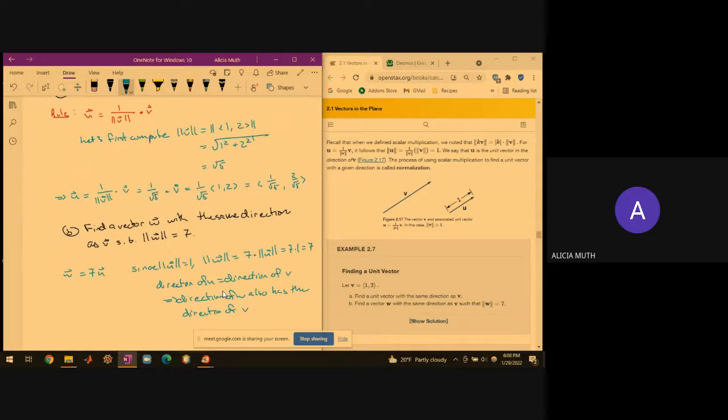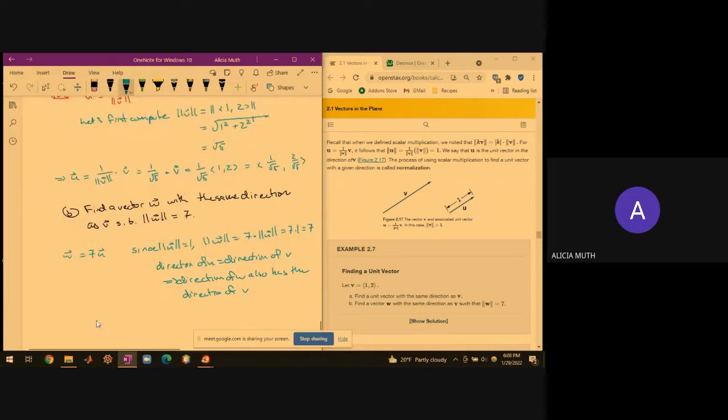So we had to find that unit vector first. If we were asked to do this for any other example, our first absolute step would be to find the unit vector. That way we can get our direction. We're getting 7 times the vector 1 over root 5, comma 2 over root 5, which is 7 over root 5, comma 14 over root 5.